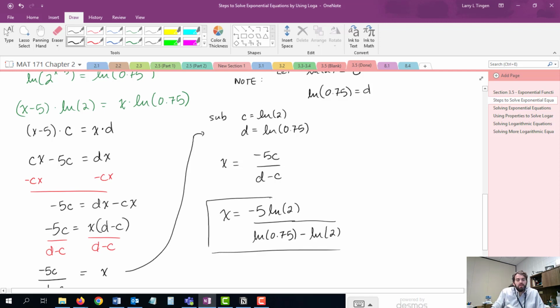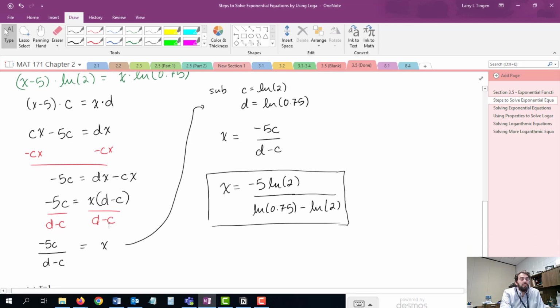Okay? The little thing I did at the beginning there, where I let natural log of 2 be c and let natural log of 0.75 be d, what that did is it just replaced all the math I just did, none of which was difficult. Get all the x's on one side, factor out an x if you have multiple terms with x in it, and then divide by whatever's left over after the factoring.